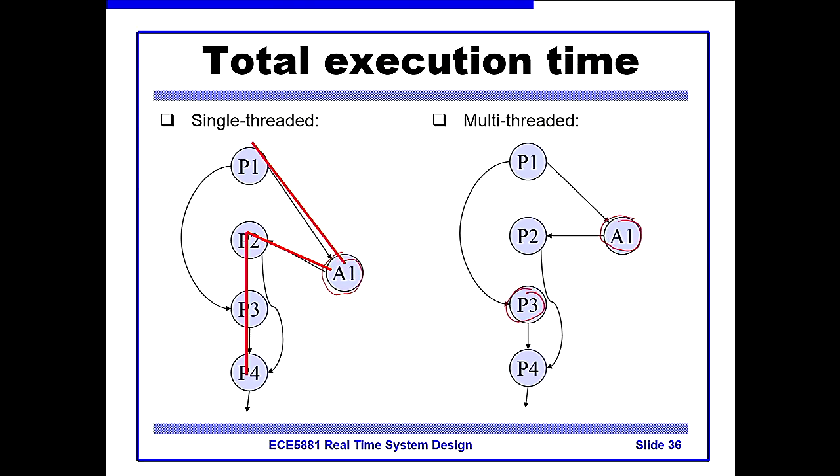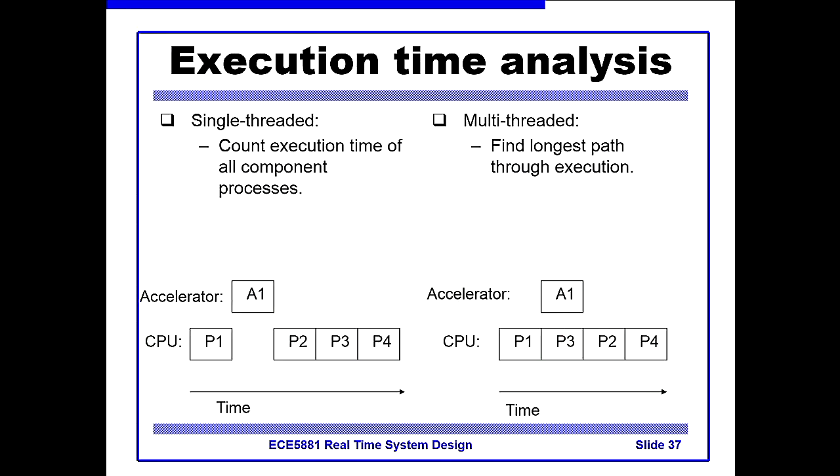Yeah, so we can run the accelerator in parallel with P3, which is exactly what happens here. So we launch P1, and then we have A1 running in parallel with P3 and P2. So you can look at a time history of that execution, and exactly as our friend said, A1 and P3 are running in parallel now.